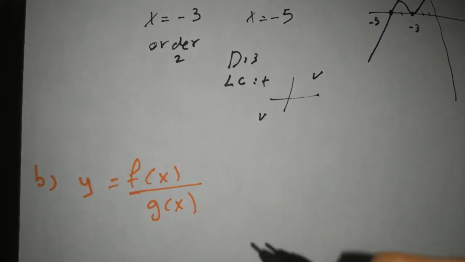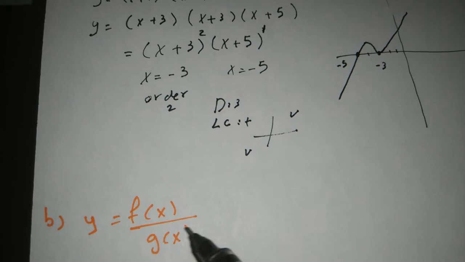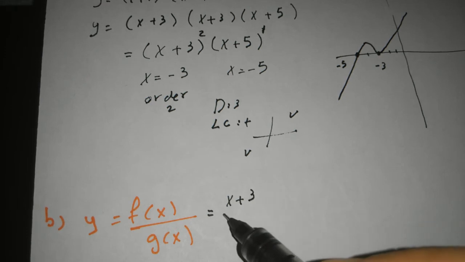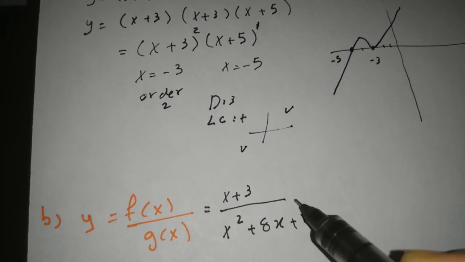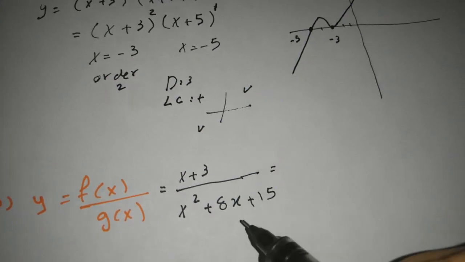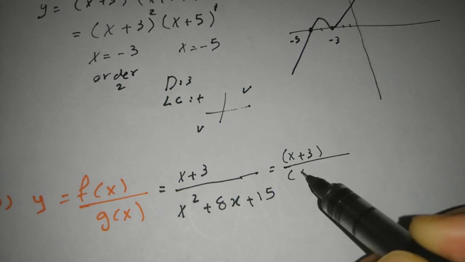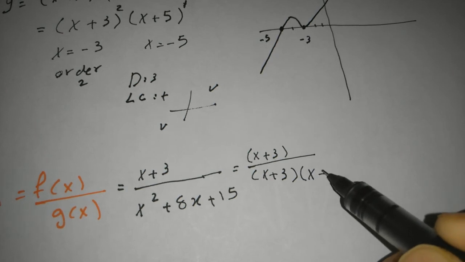Okay, look at that. Now I want to do the quotient of these two functions. f of x is x plus 3 and g of x is again x squared plus 8x plus 15. I want to write it in factor form again: x plus 3 over x plus 3 times x plus 5.